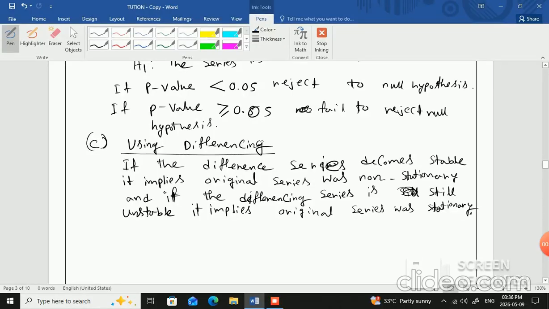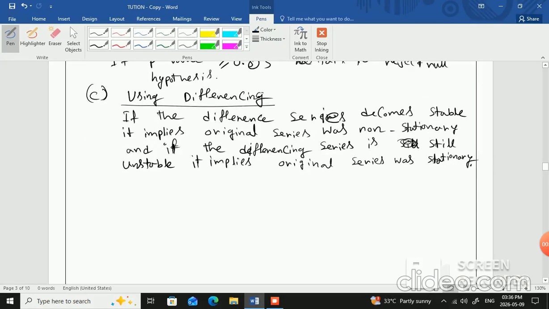This differencing has an equation. The model of differencing: xt dash equals xt minus xt minus 1.